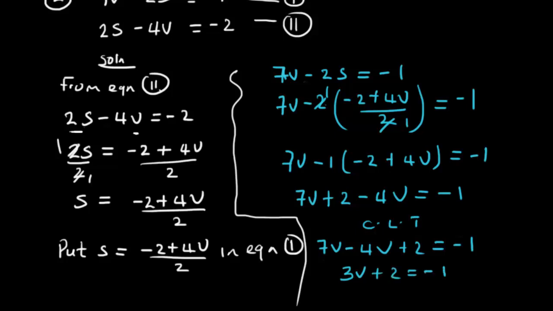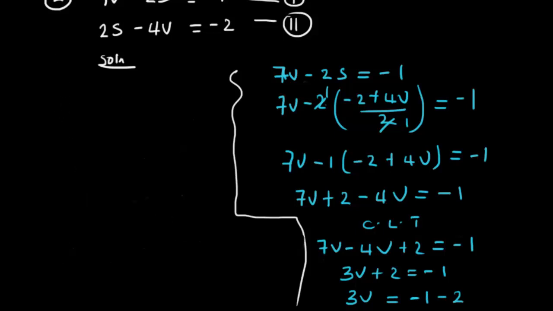Plus 2 goes to meet minus 1, so I'll be having 3v equals minus 1 minus 2. Plus changes to minus. Let's do the remaining on this side. So we'll be having 3v equals minus 1 minus 2, which is minus 3.